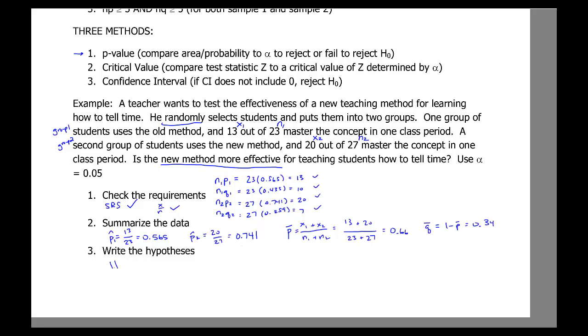Next step is to write our hypotheses. We're going to hypothesize that the 2 groups are the same, that there's no difference. And we can write that either way, either P1 equals P2 or the difference P1 minus P2 equals 0. The alternative hypothesis, we're wondering if the new method is more effective, and group 2 was getting the new method.